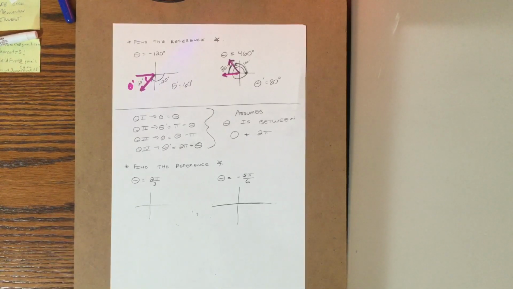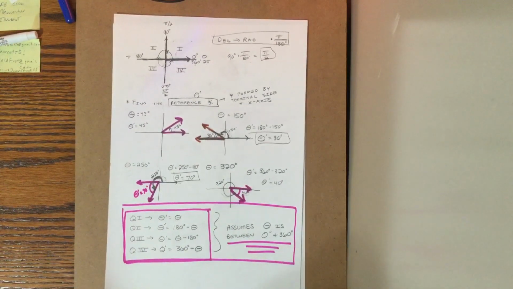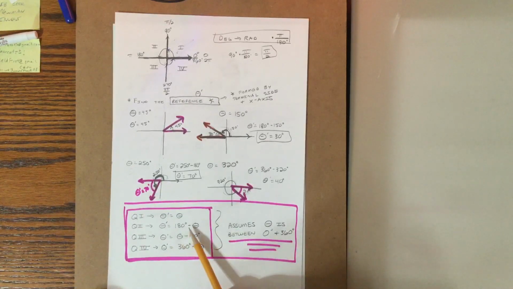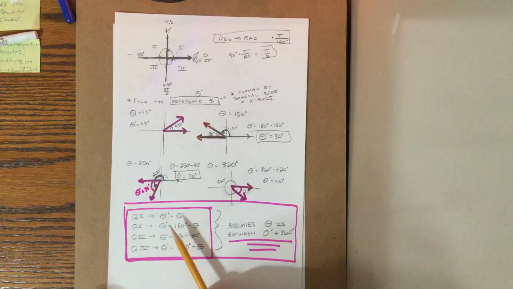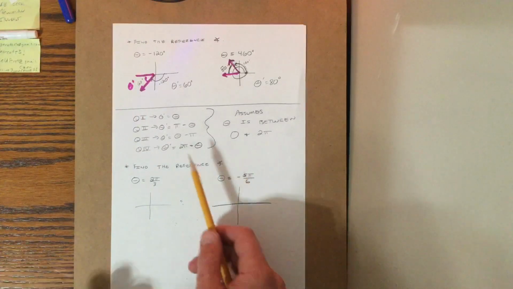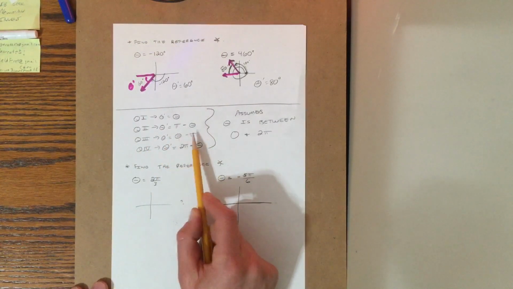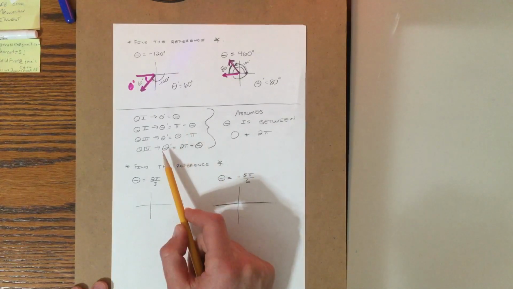Now, what if we had to find reference angles in radians? Well, if we go back to these rules that we looked at before, we can just plug in the equivalent item in regards to radians. For example, for 180 degrees, the equivalent in radians is pi. So you'll notice the rule here in quadrant 2, the reference angle will be equal to pi minus theta.